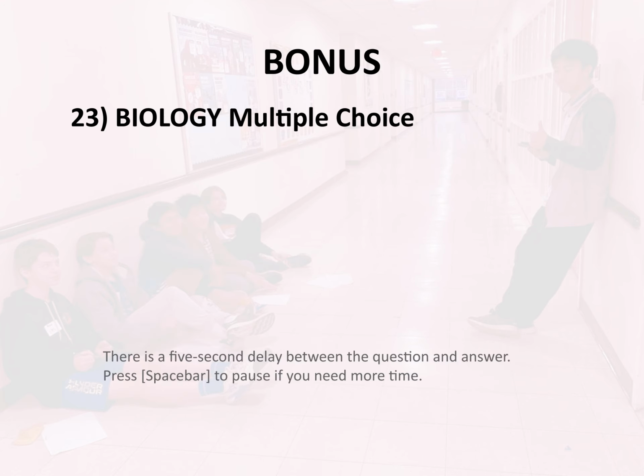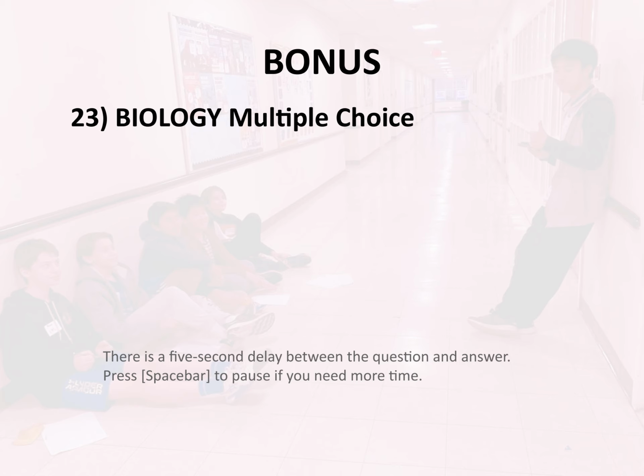Bonus 23. Biology. Multiple choice. Which of the following is true regarding the major difference between cellulose and glycogen? W. Cellulose is a polymer of galactose, while glycogen is a polymer of glucose. X. Cellulose is mostly found in animal cells, while glycogen is mostly found in plant cells.